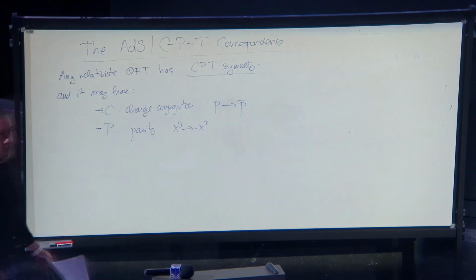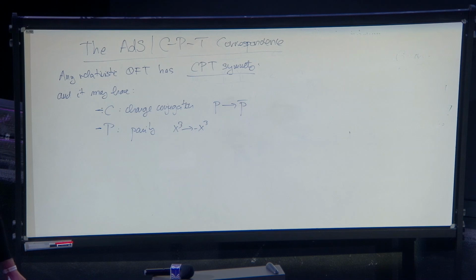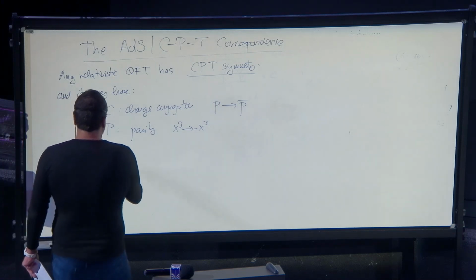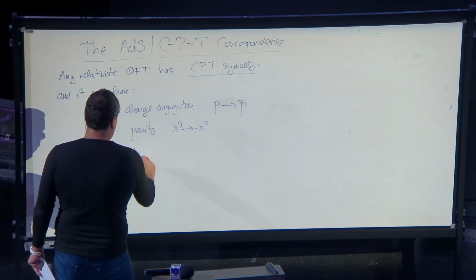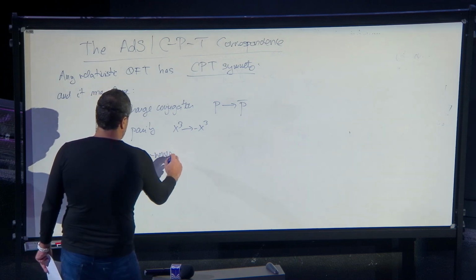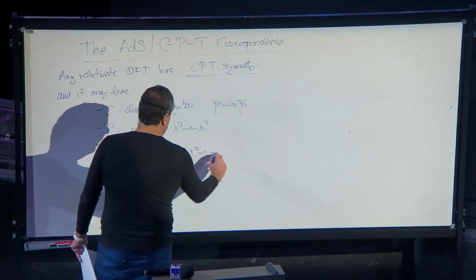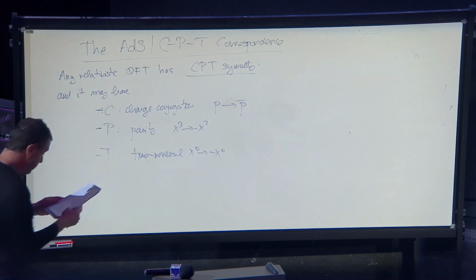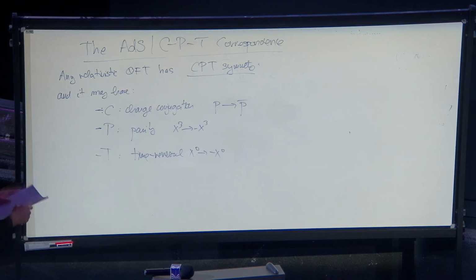You can reflect all the spatial coordinates if you want, but that's not a nice thing to do in odd dimensions, because it would be part of the connected part of the Lorentz group. And you could also potentially have time reversal, which inverts time and is an antilinear operator. Okay? Good.